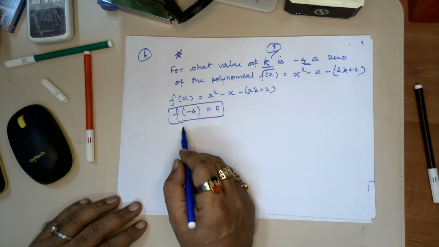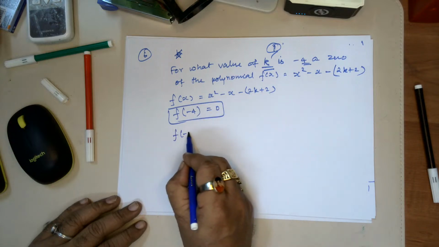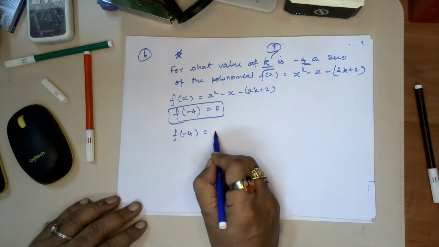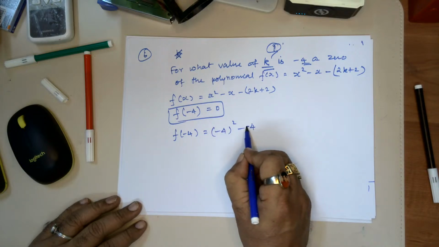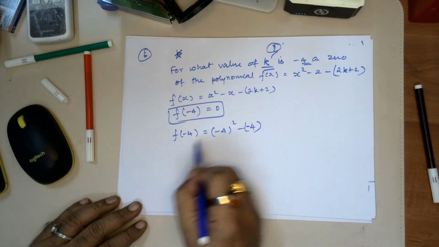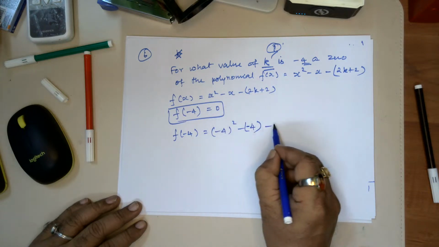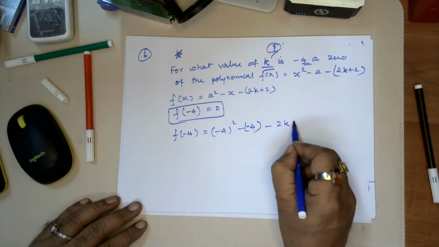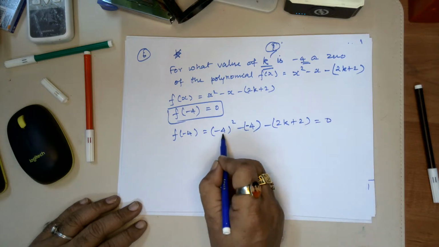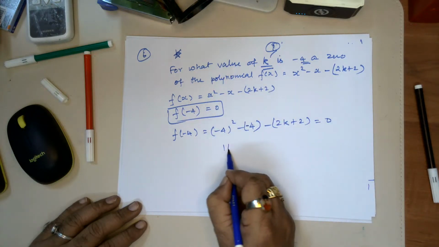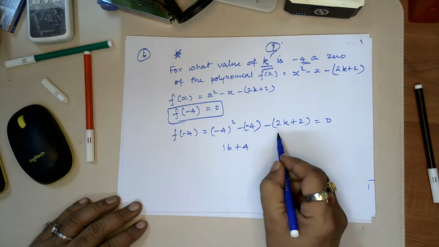Okay. So in that case, let us substitute the minus 4. That is minus 4 the whole squared minus, you have to be very careful. You must always put it within the bracket. So minus 4, then minus 2k plus 2 is equal to 0. Now minus 4 the whole squared is plus 16. Minus of minus plus 4 here.